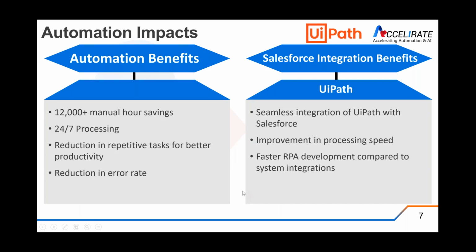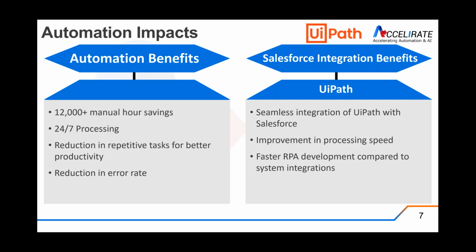And the impacts of this solution. The Accelirate team has also created live dashboards in Kibana to monitor the volume and the bot performance. The reports and dashboards are created in Salesforce based on the fields the bot updated to track success and escalated document objects for business users.